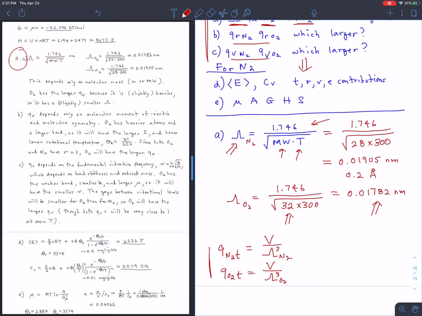And so the larger of these two is going to be the one with the shorter de Broglie wavelength, which means it's going to be the one with the heavier, with the greater mass. So larger translational partition function is heavier particle.